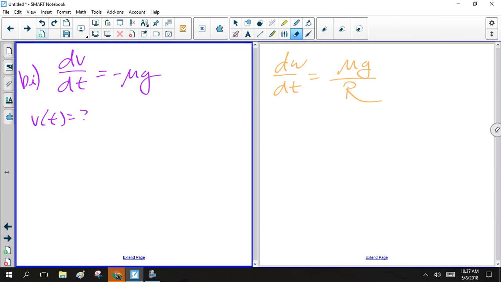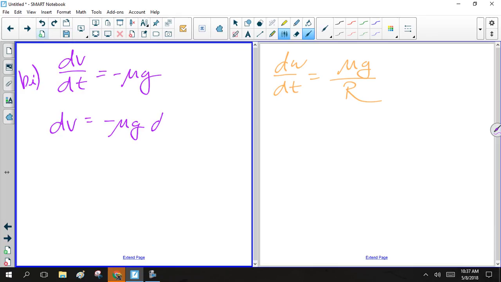Before I can integrate, I need to multiply by dt. So you get dv equals negative mu g dt, and I'm going to integrate both sides. Time goes from 0 to t. V goes from v naught to v at time t.